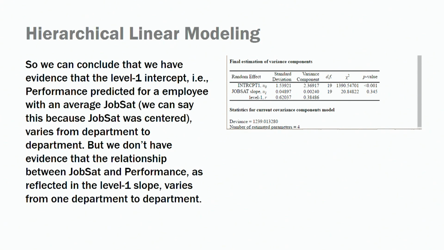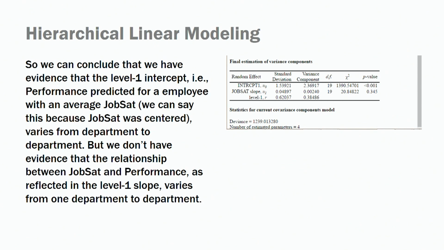So what we can conclude here is that the intercept is not different from 0 when we take all the departments together, the intercept is pretty much close to 0. But there is variance across departments.